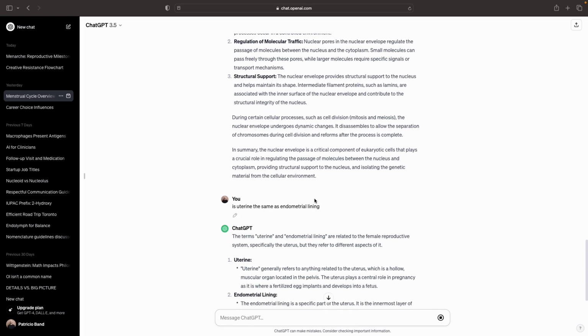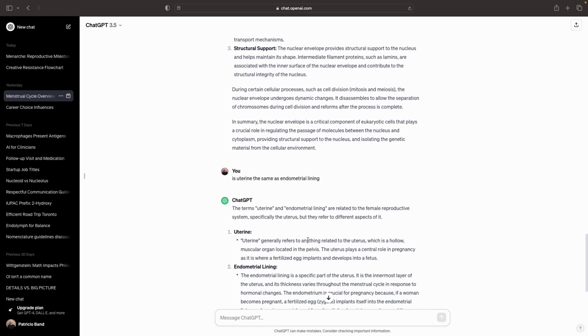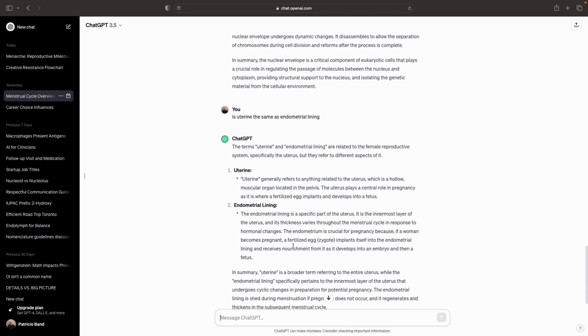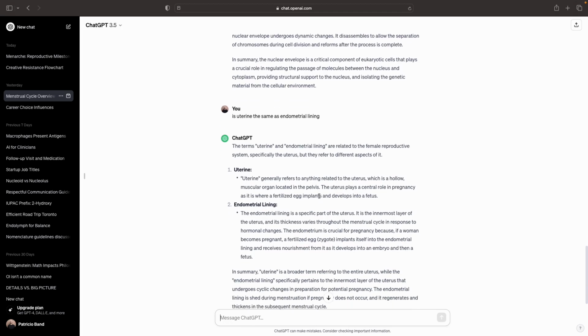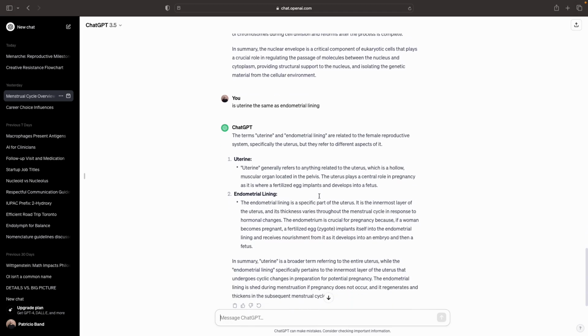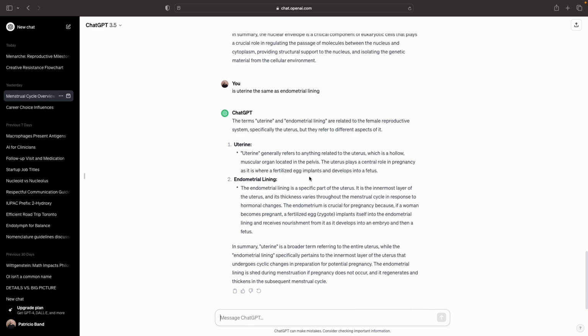Both relate to the female, to the uterus, but they refer to different aspects. Uterine refers to anything related to the uterus, which is a hollow muscular organ located in the pelvis. The uterus plays a central role in pregnancy, where a fertilized egg implants and develops into a fetus. The endometrial lining is a specific part of the uterus.